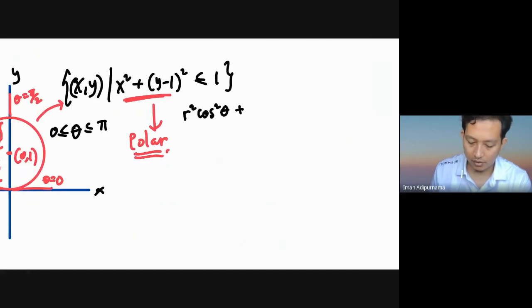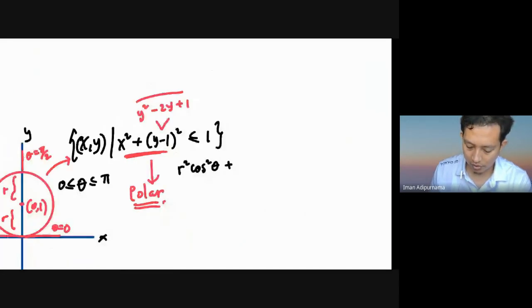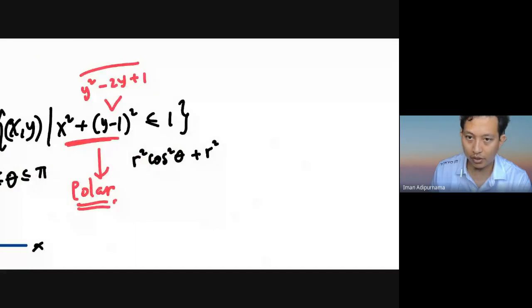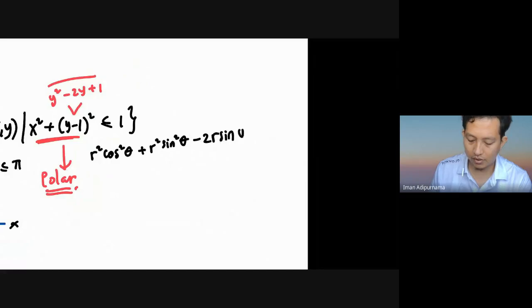Let me expand this into y squared minus 2y plus 1 and convert this into polar. So y becomes r sine, so r squared sine squared theta, and then minus 2r sine theta plus 1. And it's equal 1, right?